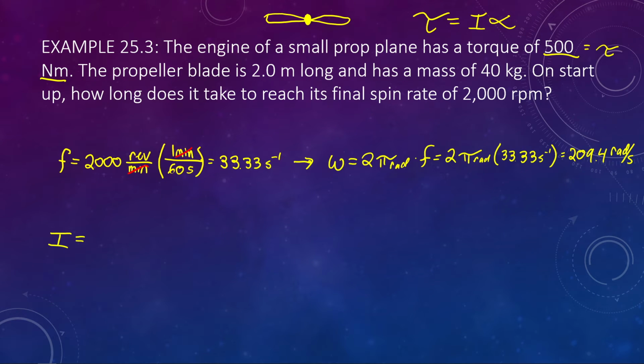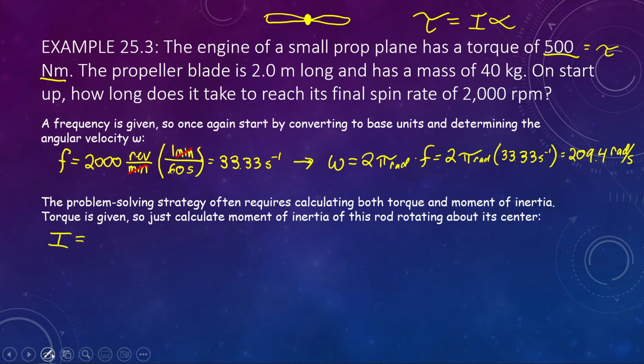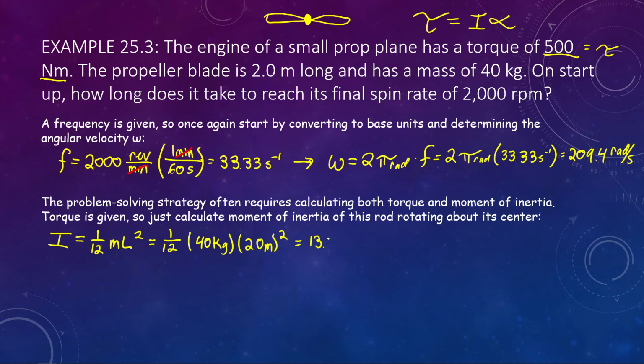So let's do that. We have moment of inertia for a rod spinning about its center as 1/12 ml squared. So we have 1/12 times the mass of this blade, which is given to us in the problem as 40 kilograms. And then the length of this blade, which is 2 meters long, quantity squared, giving us a moment of inertia of 13.3 kilogram meters squared.